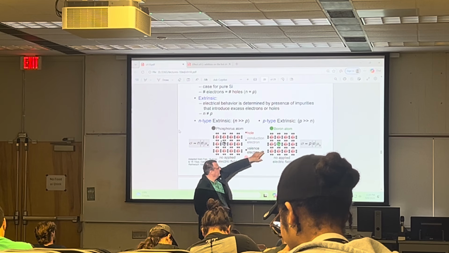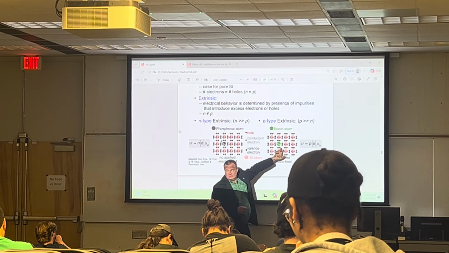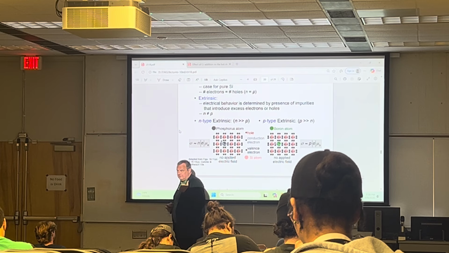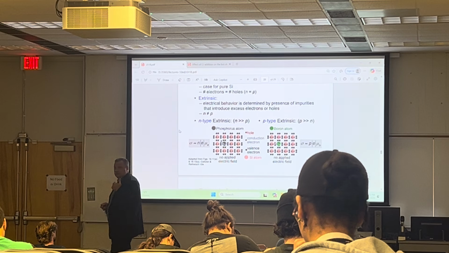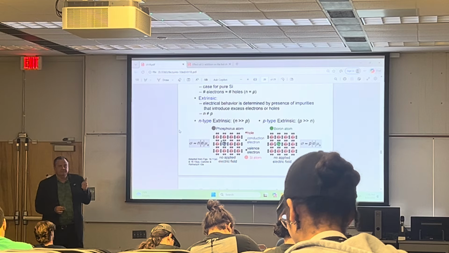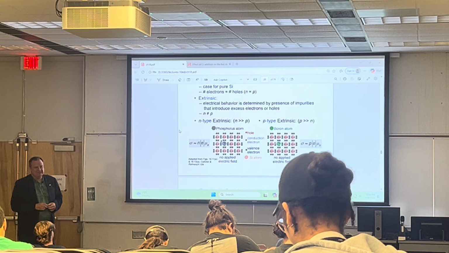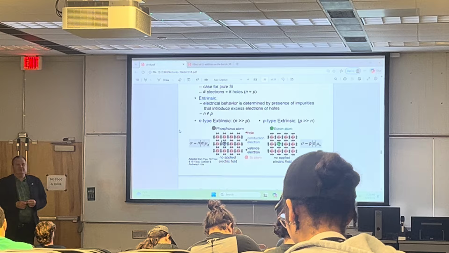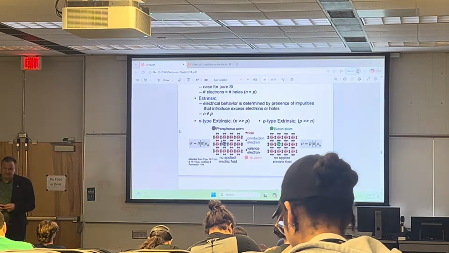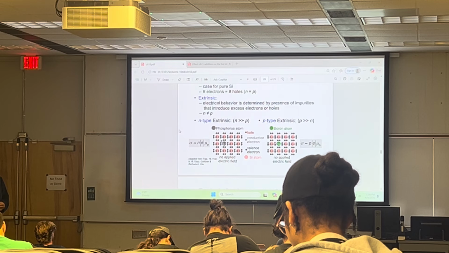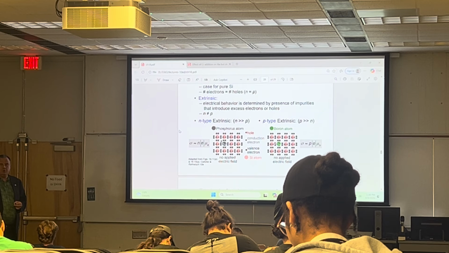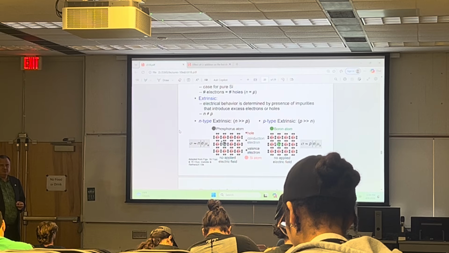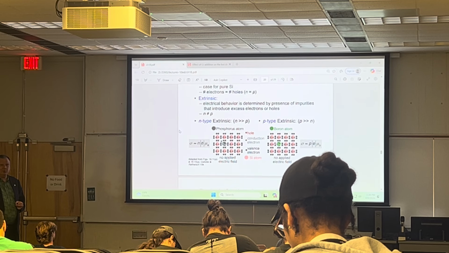But boron is 3 plus. So what does phosphorus give you compared to silicon? More electrons. Okay. And boron gives you more holes.